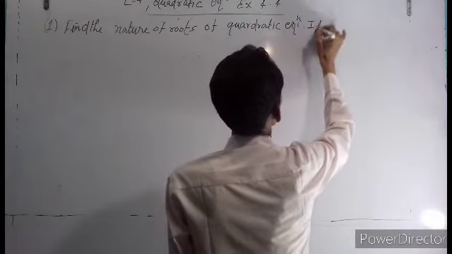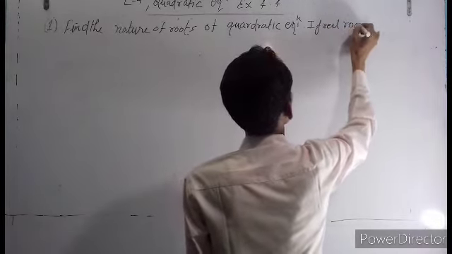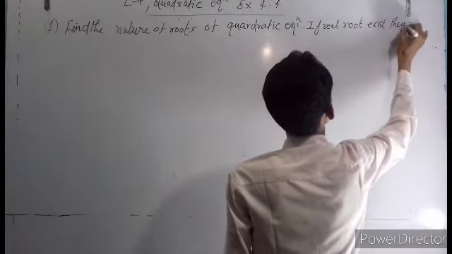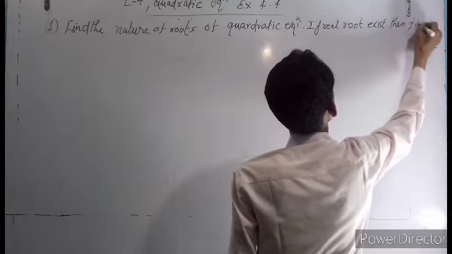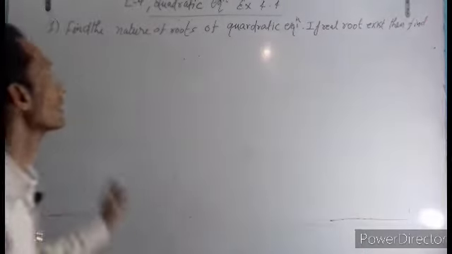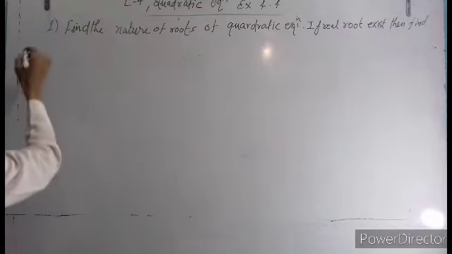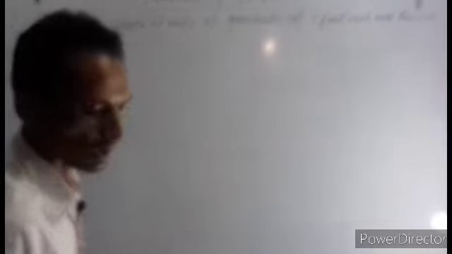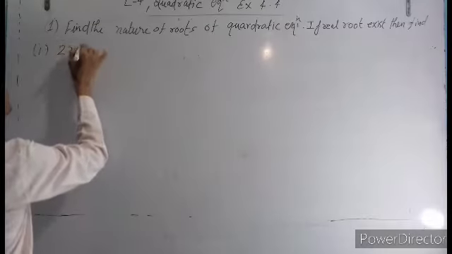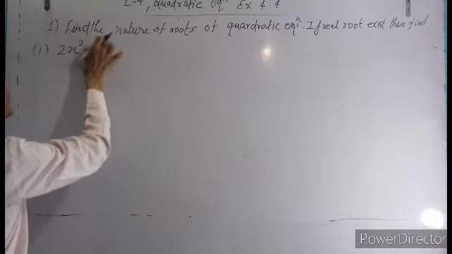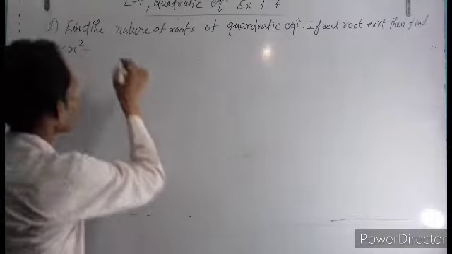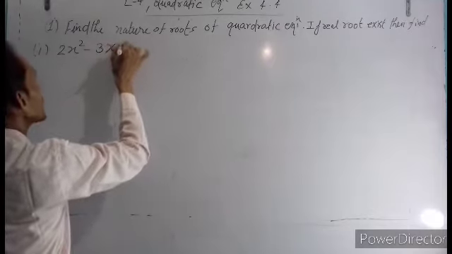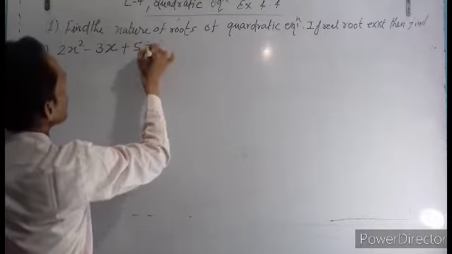If real roots exist, then you have to find them. This is the question. So the first part, question number 1: 2x square minus 3x plus 5 equal to 0.